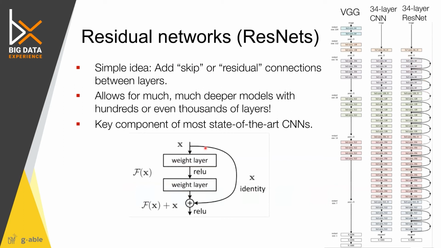What is the purpose of this skip? The purpose of this skip is so that the error at this point can propagate back to the earlier part more easily than passing through the network here.